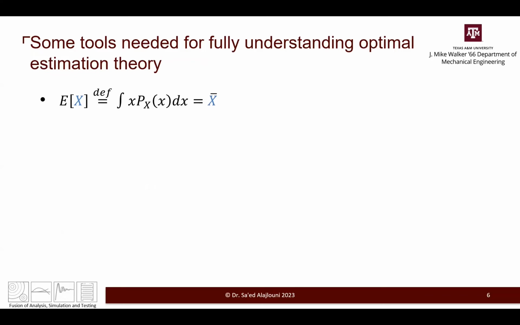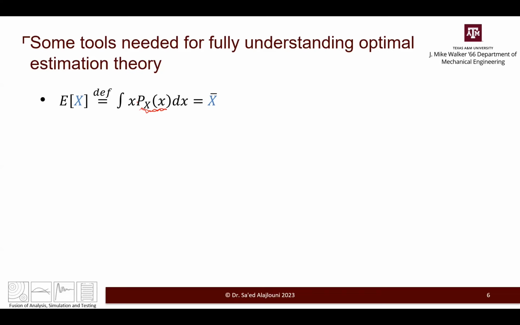Okay, let's cover some tools to help you further understand this topic, expectation. I think you've seen this before, but this is the expectation operator. The expectation of a random variable x is nothing but a weighted sum. And the weighted sum is based on a weighting function. This p of x is nothing but the probability density function.